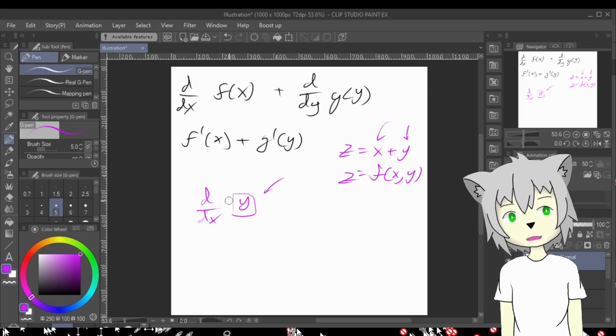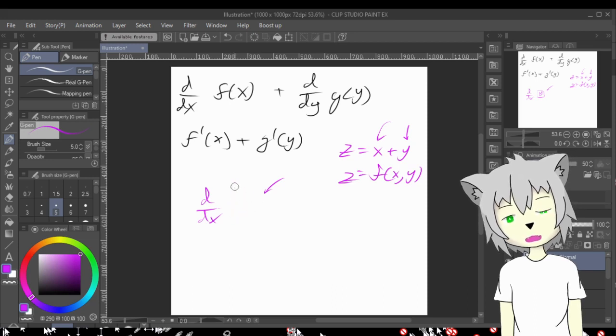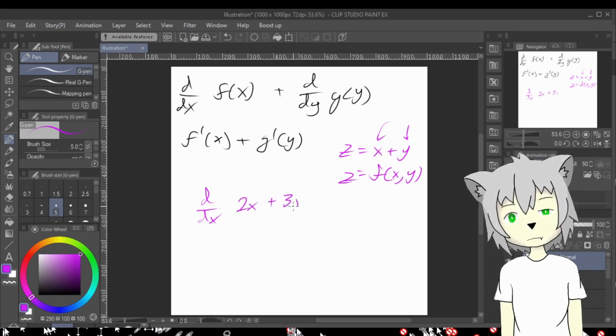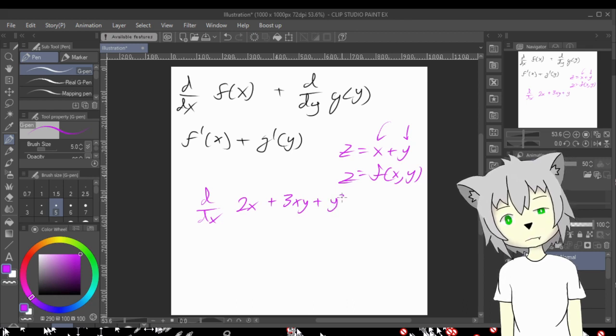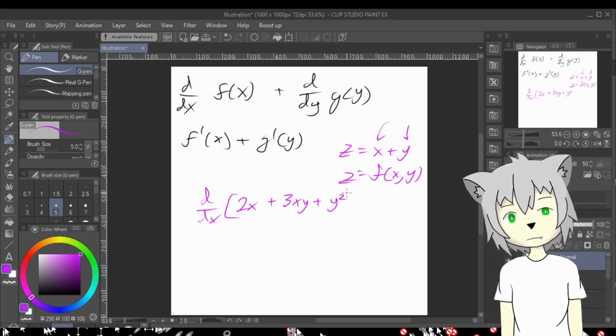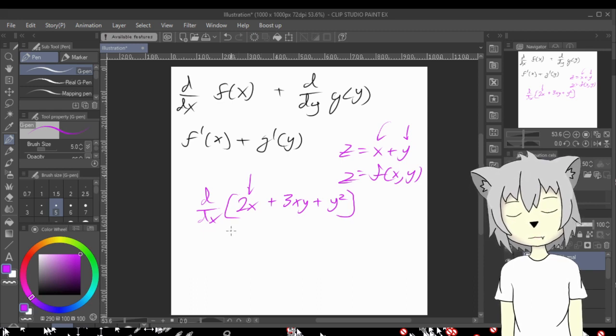So as an example, we have 2x plus 3xy plus y squared. If we were to find this with respect to x, I'm guessing it should be easy to find the derivative of that. It's just 2.